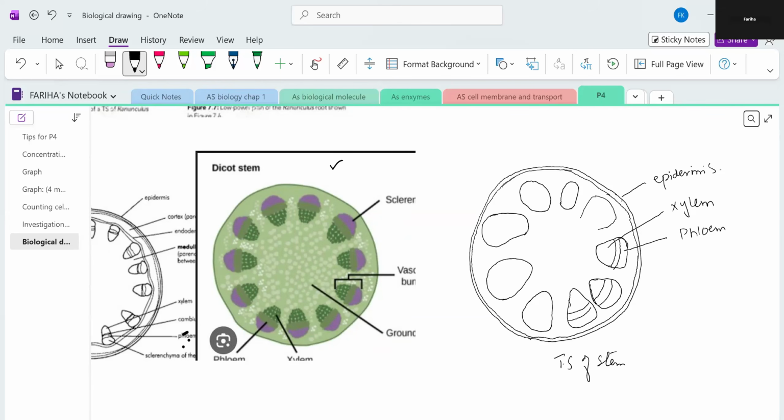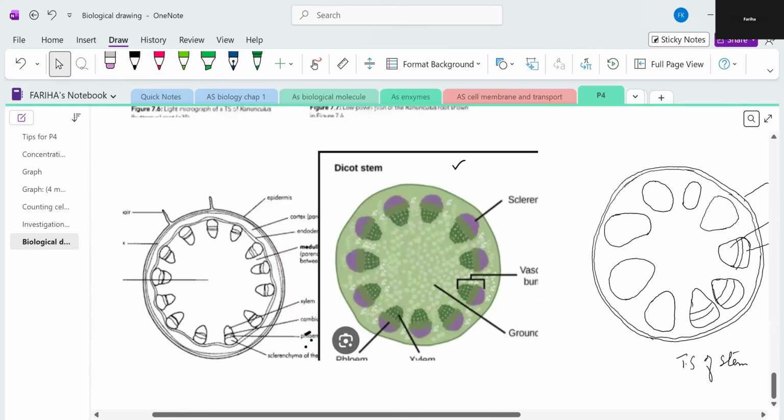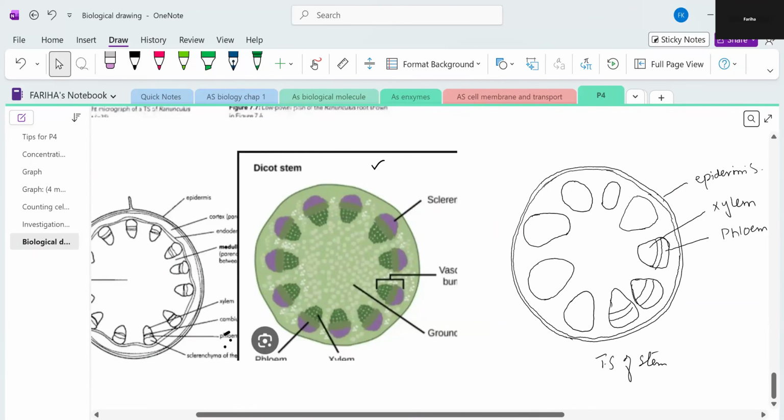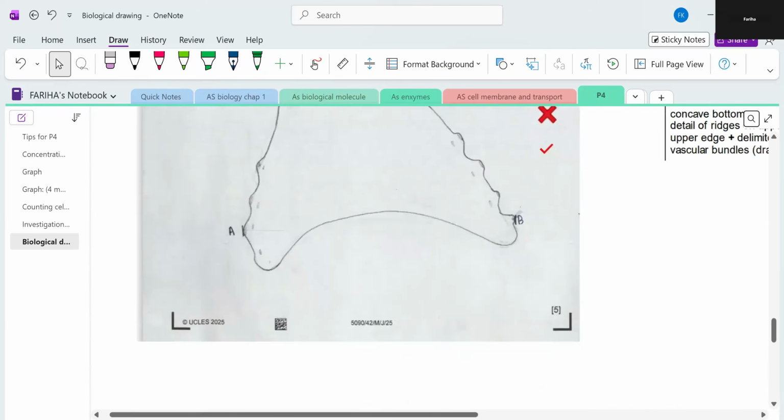So you need to draw it in this way. Clear? Clear how to draw a plan diagram? Now, these are the diagrams.